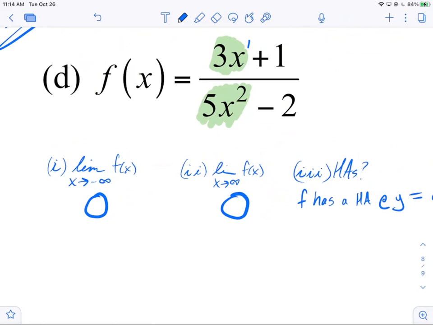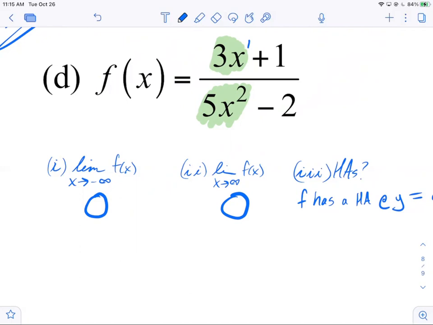All we have to do is plug in a representative sign for each type of infinity that we're approaching into the leading terms, okay? So if we're going to the left out towards negative infinity, plug a negative number into the leading terms, the highlighted piece. And all we're interested in is the sign. In the top, what's a negative times a positive 3? Negative, right? In the bottom, what's negative squared?